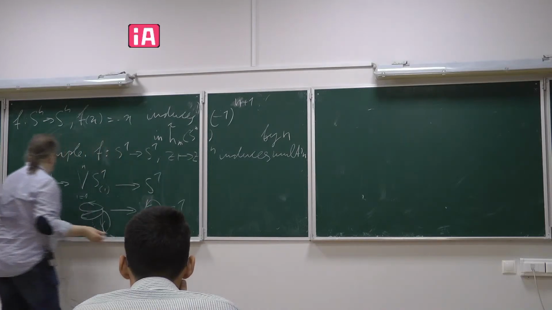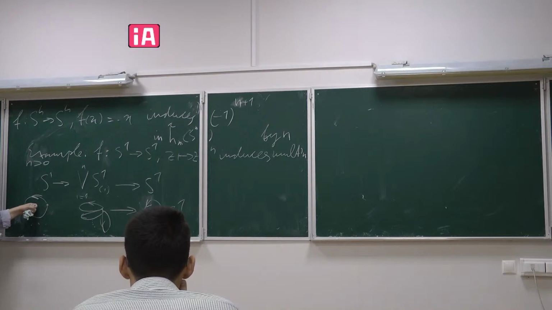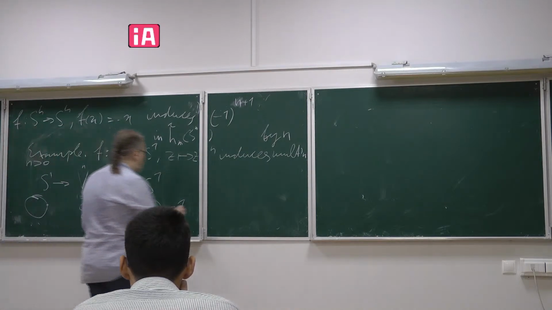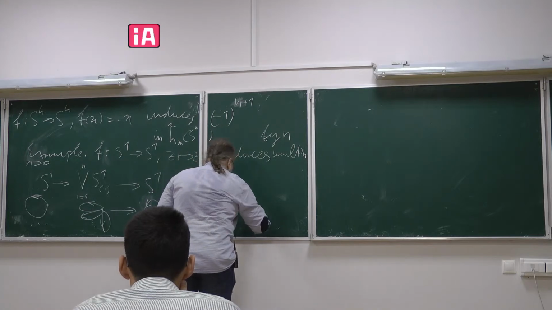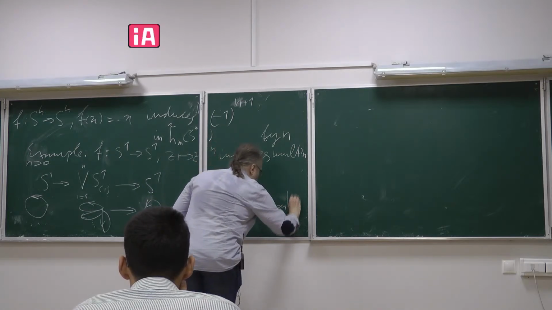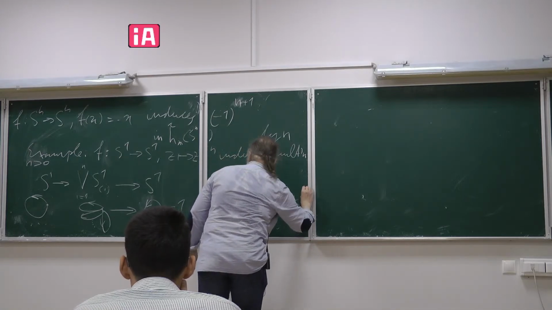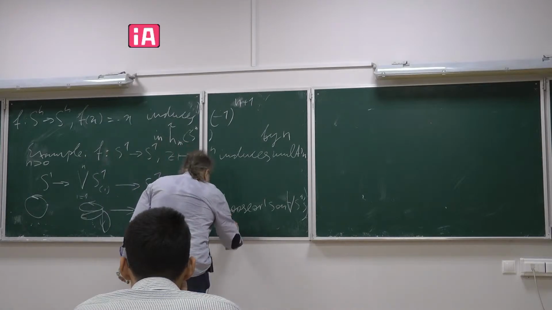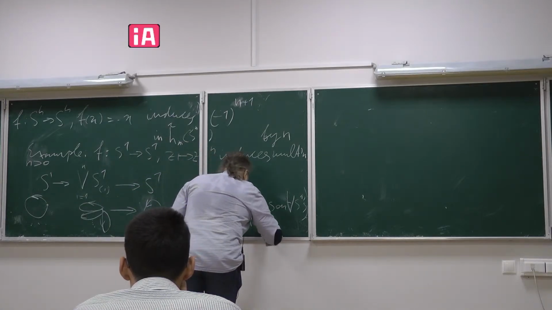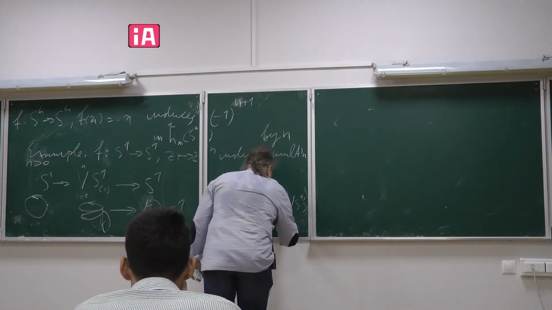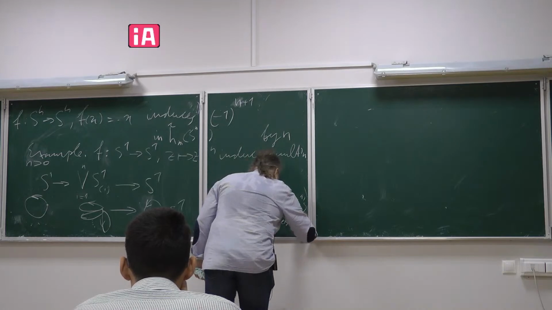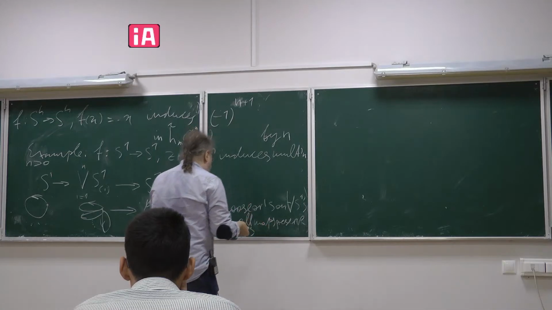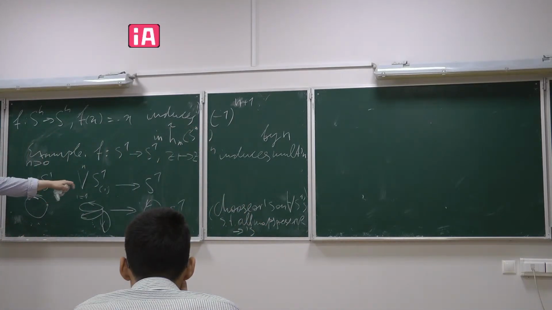So I choose orientations in all circles such that all maps preserve the orientations. Okay, now.